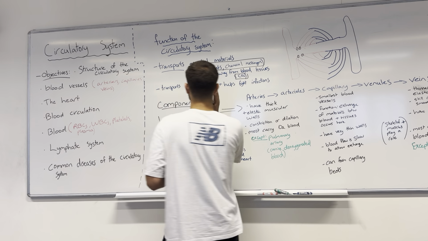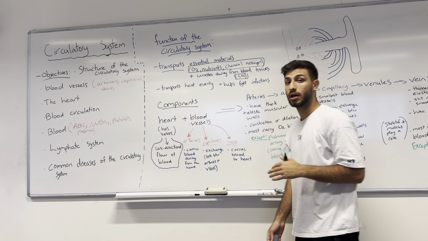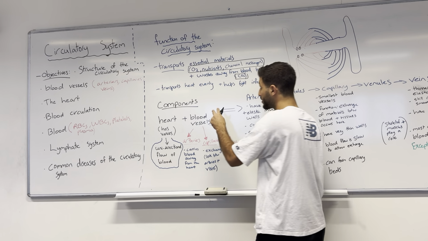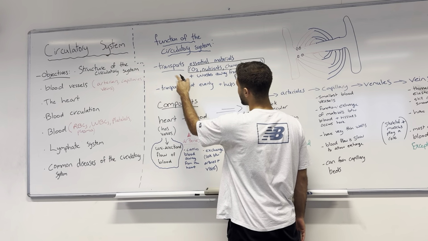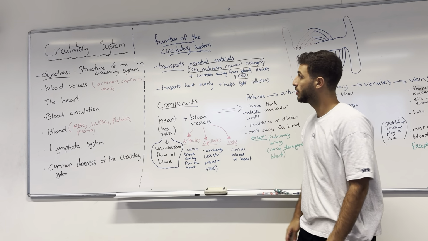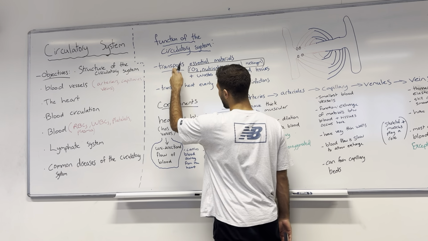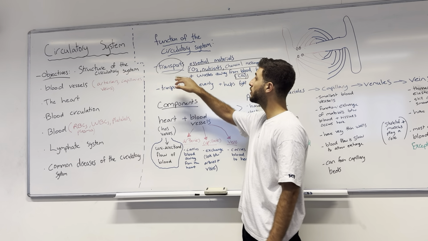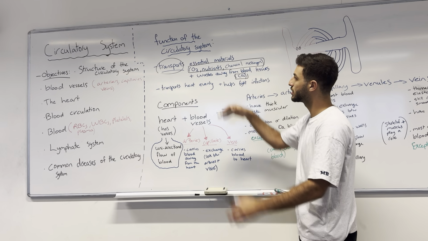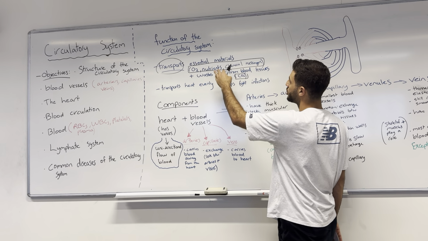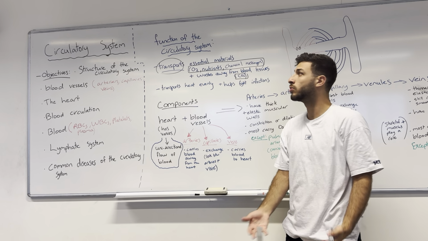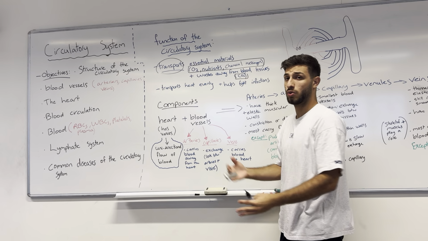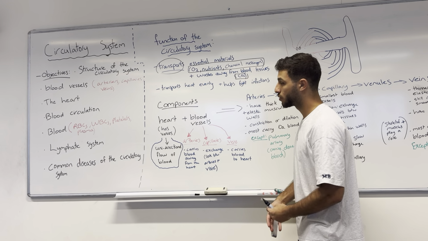So first, let's start with the function of the circulatory system. The circulatory system has three main functions, okay? The main function it has is transportation. So what does it transport? It transports essential materials such as oxygen, nutrients, and chemical messengers, which are hormones, to our tissues. How? Through the blood.